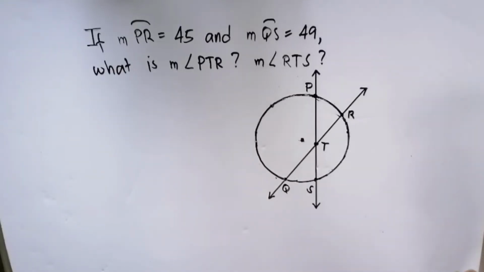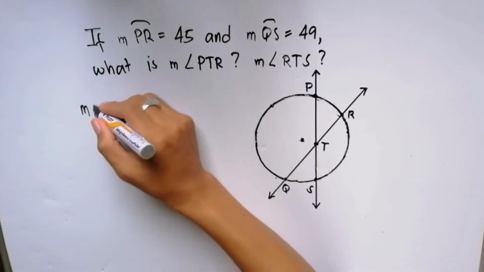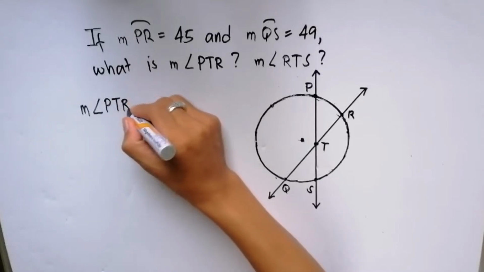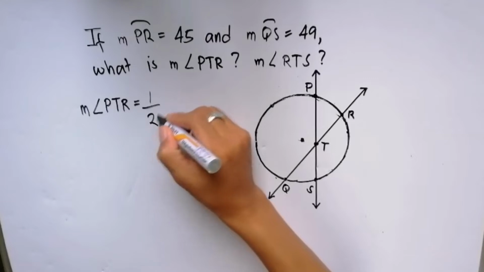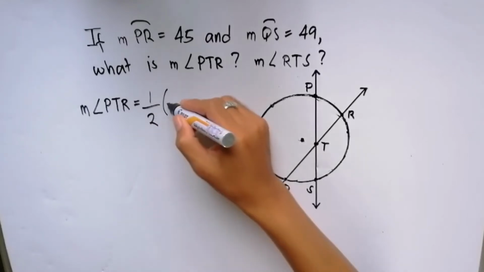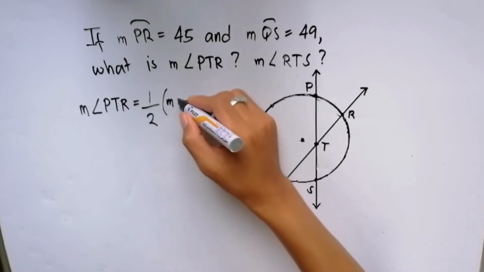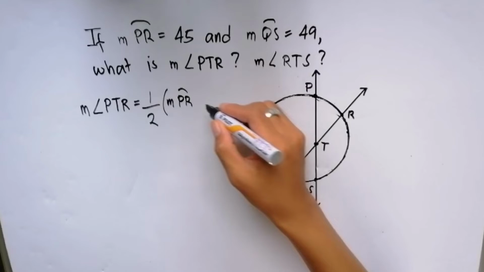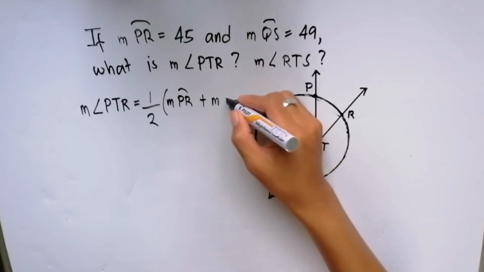Again, the measure of angle PTR is equal to 1/2 times the measure of arc PR plus the measure of arc QS.